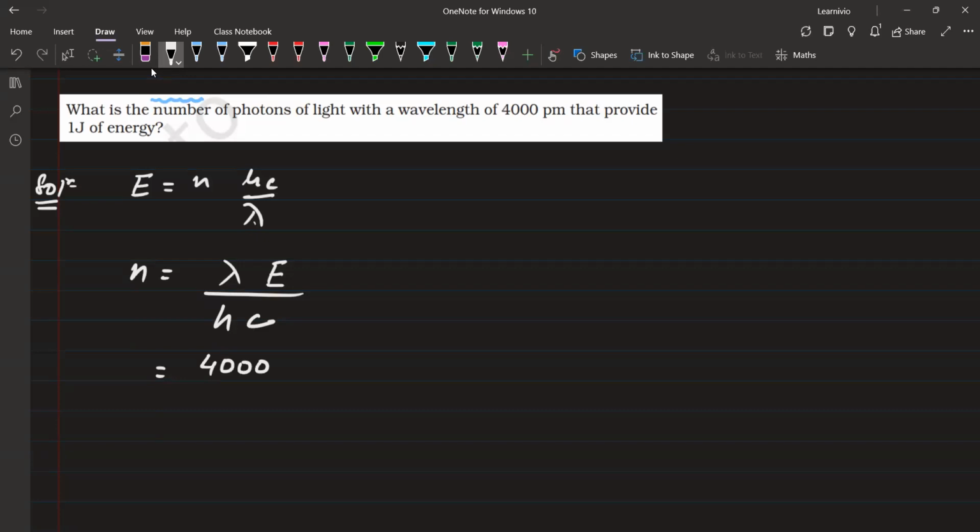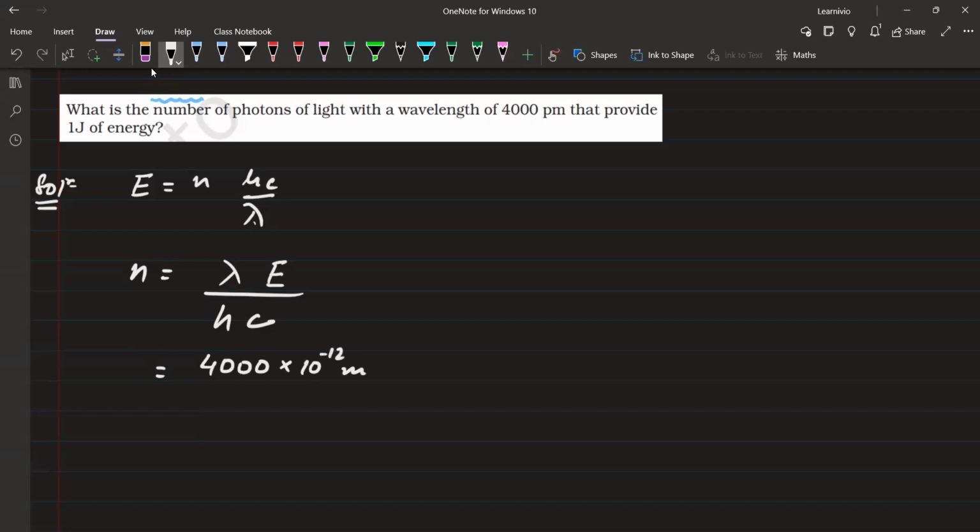Pico क्या होता है? पता है आपको? Nobody knows what is picometer from the previous class? Please tell. 10 to the power minus 12. ठीक है. So into 10 to the power minus 12 meters.